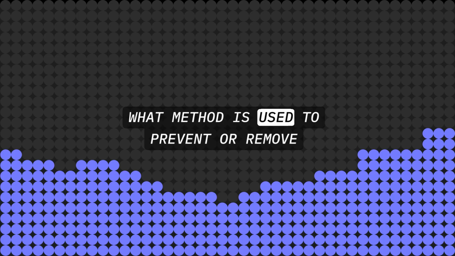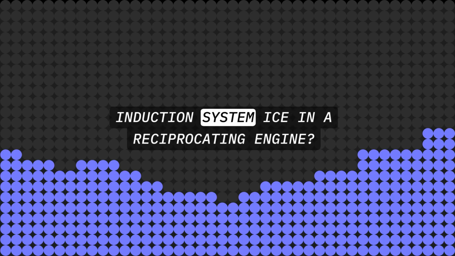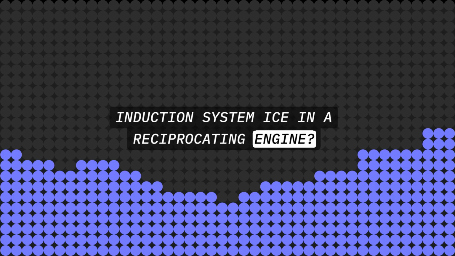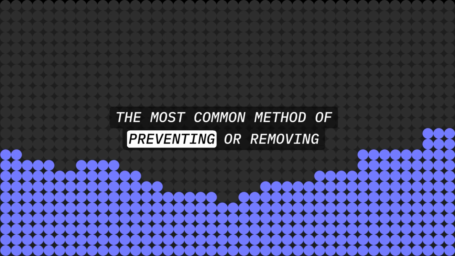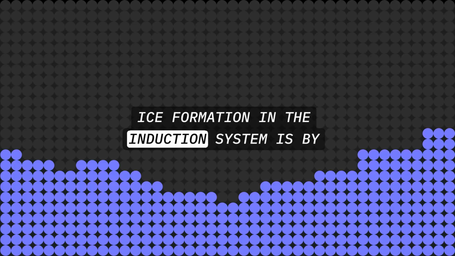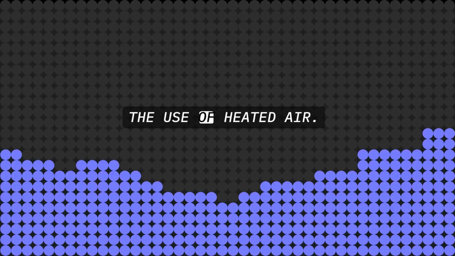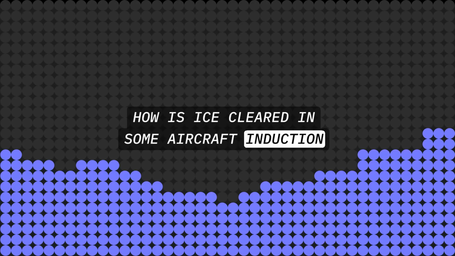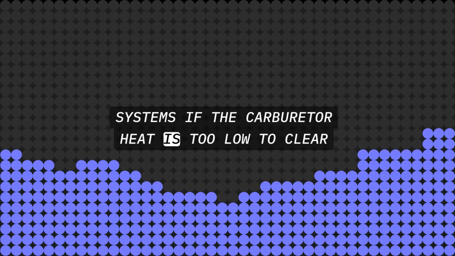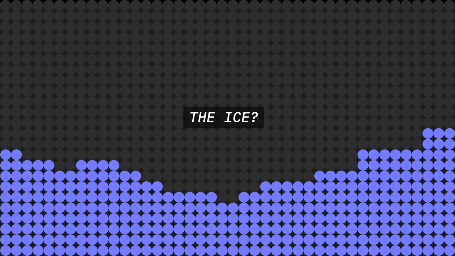What method is used to prevent or remove induction system ice in a reciprocating engine? The most common method of preventing or removing ice formation in the induction system is by the use of heated air. How is ice cleared in some aircraft induction systems if the carburetor heat is too low to clear the ice?